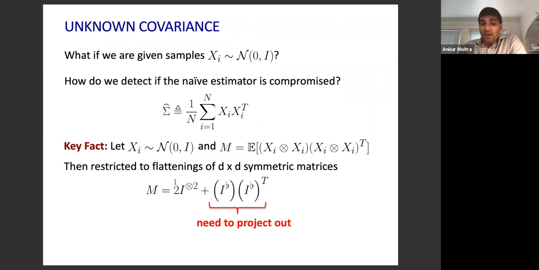Because instead of looking at all quadratic forms on M, I can look merely at quadratic forms on M and optimize over them that are themselves vectors that are flattenings of trace zero matrices. And if I do that, then I'm essentially projecting out this much larger term. So instead of looking at the spectral properties of M, I instead look at the restricted eigenvalues of M, and that'll allow me to detect corruptions in the second moment by working with flattenings of the fourth order tensor.